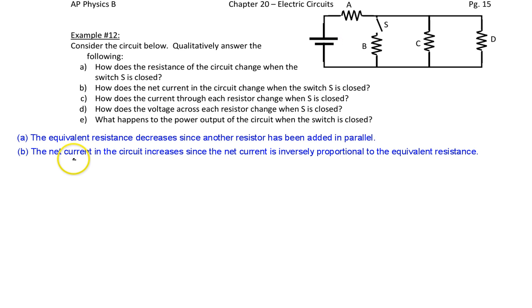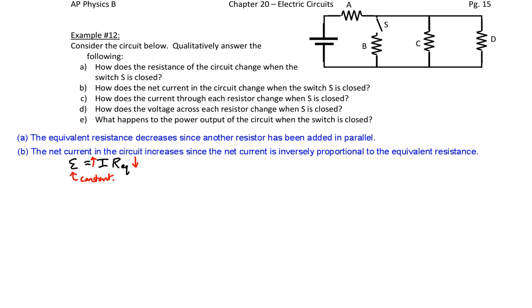Remember, Ohm's law says that the EMF, or the voltage, equals the total current times the equivalent resistance. Because the total resistance has decreased, the total net current must increase because the EMF is remaining constant.